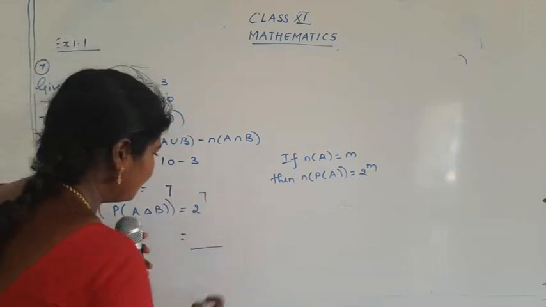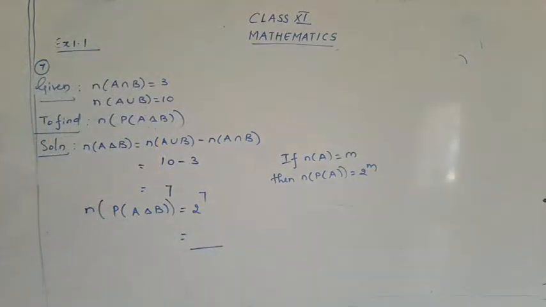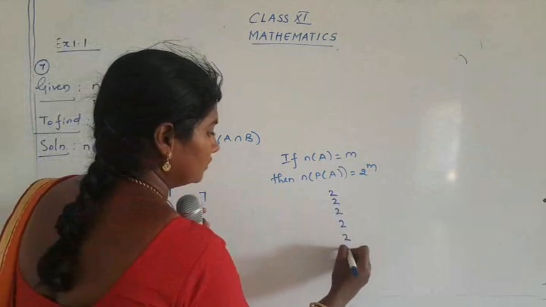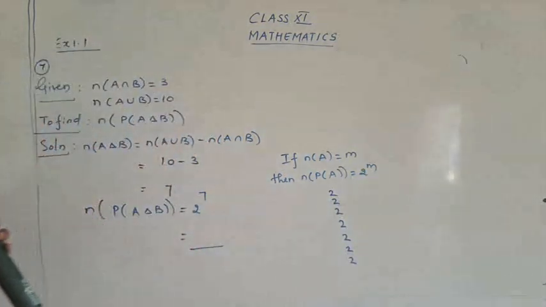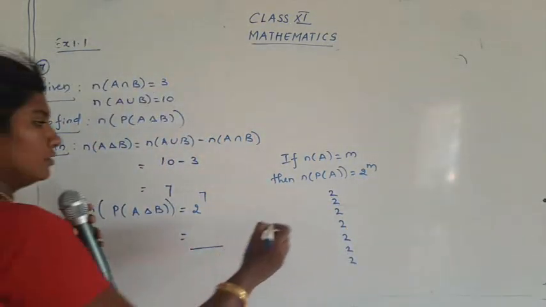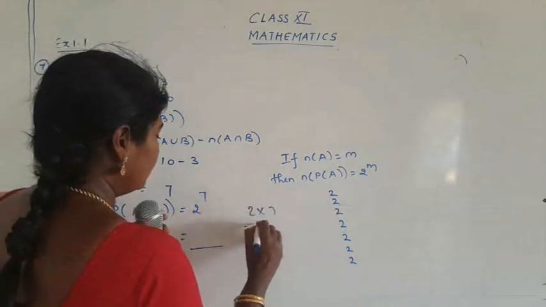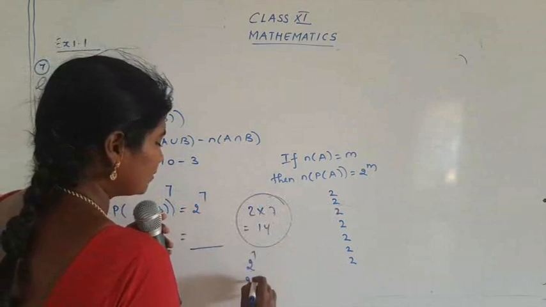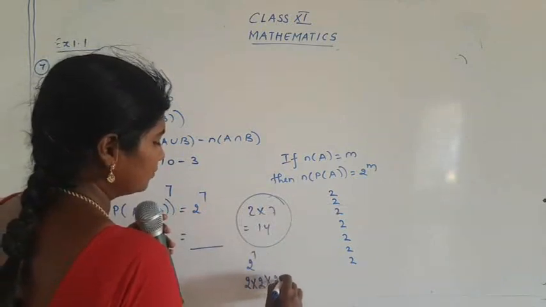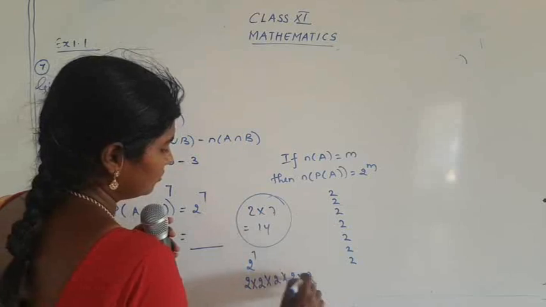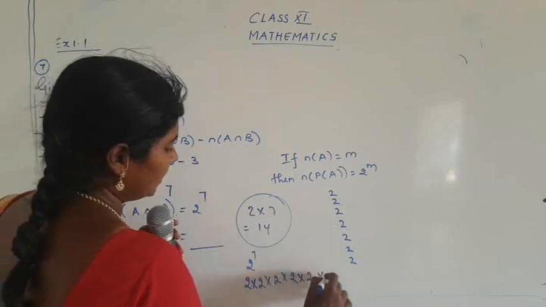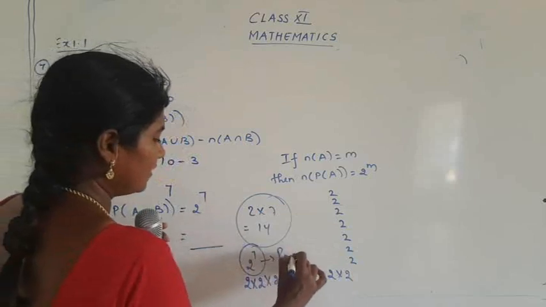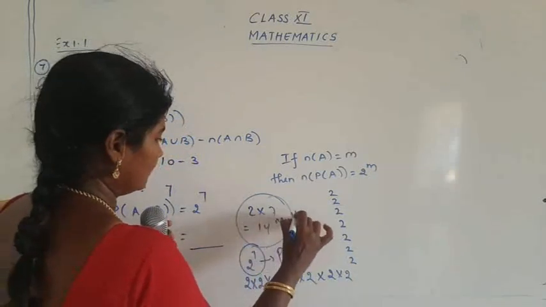So let's find the answer for 2 raised to 7. Get me the answer, children. So 7 times 2, yes? Don't write 2 into 7, 14. This is totally wrong. It's not 2 into 7, it's 2 power 7. That is, 2 has to be written 7 times: 2 into 2 into 2 into 2, like 1, 2, 3, 4, 5, 6, 7 times. This is a power, and that is multiplication.